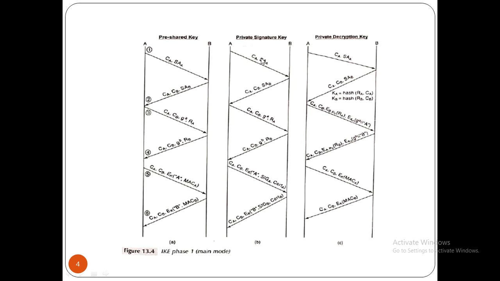we are using another option, that is option 2, using a private signature key. Here A and B each have private signature or signing keys. The sequence of message exchange between A and B is shown in figure B of this diagram.